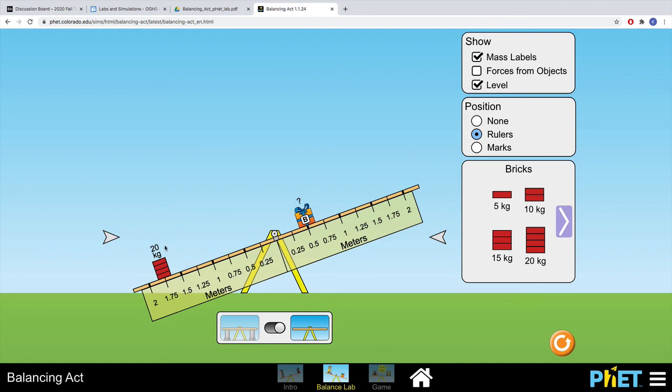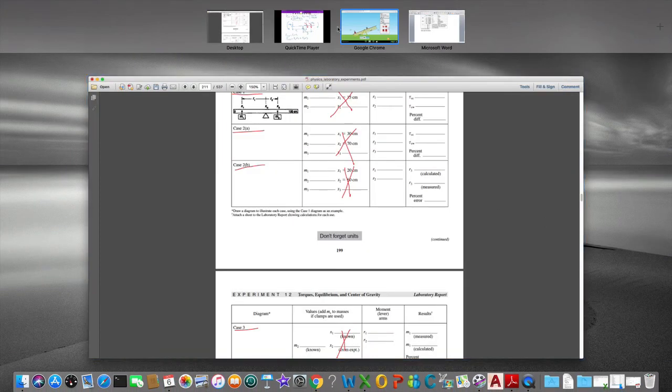That means you know where the 20 is located, you know where B is located, and by combining those two pieces of information, the torque on the left created by the 20 kilogram mass must be equal to the torque created by the weight of B. The location of B is known, the unknown part is only the mass, so based on that you can find it. You will do the same thing for C and D, and then you will show your calculation.